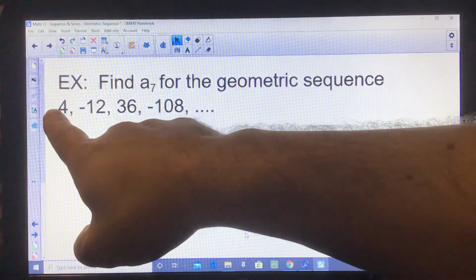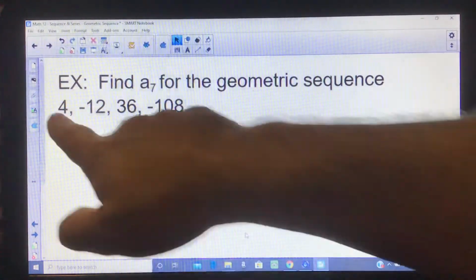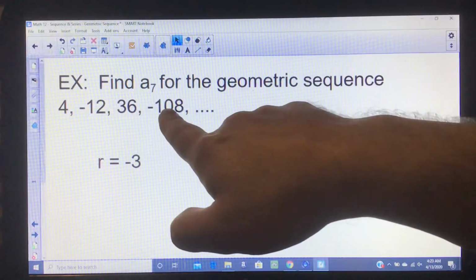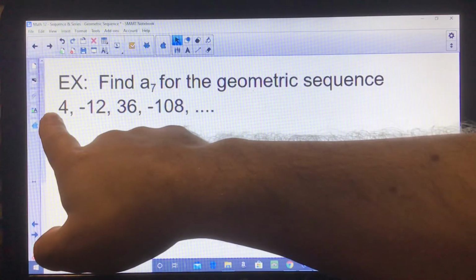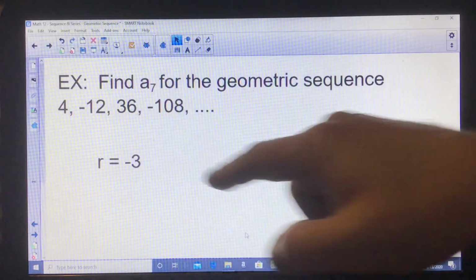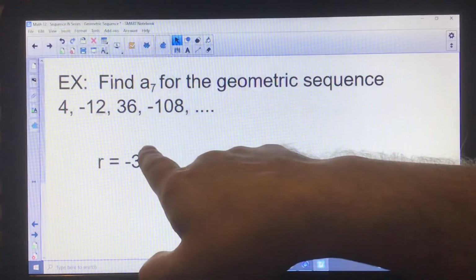So to get the third term, I have to take this number and multiply by this number to the power of 2. Say I want to get to this number. Well, I'd have to take 4 and multiply by this number 1, 2, 3 times. So I would have to actually do 4 times this to the power 3.